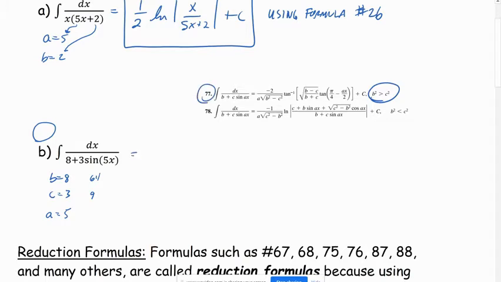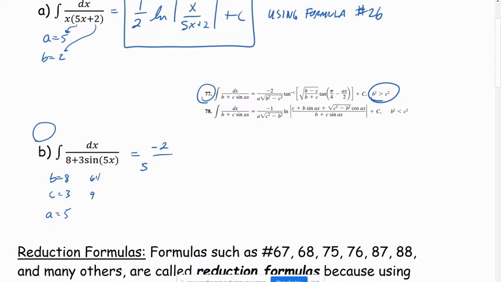According to this, the integral would equal negative 1 over a, a is 5. I'm sorry, it's negative 2, not negative 1.